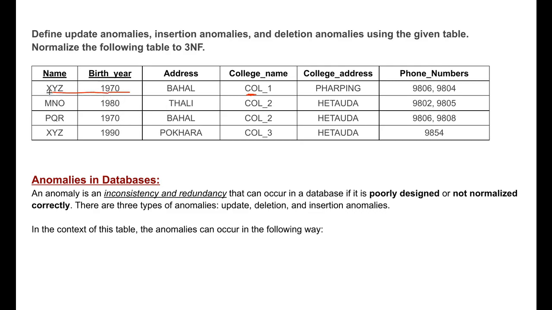If I delete this record from this table, then I'll have to delete everything here. My intention was only to delete the record of the student, not of the college, but unintentionally the record of college 1 is also deleted. So this is one example of deletion anomaly.